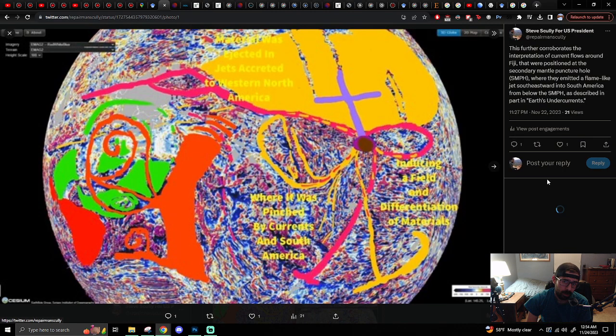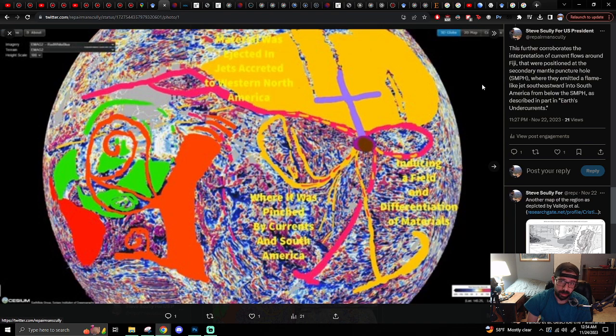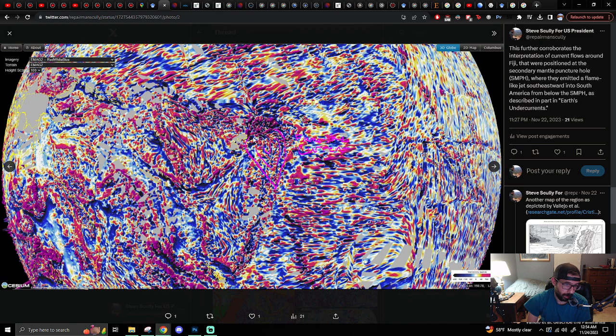And then I say this further corroborates, this is from my Earth's Undercurrents video, where I just took the picture. This flame corroborates the interpretation of current flows around Fiji that were positioned at the secondary mantle puncture hole, SMPH, where they emitted a flame-like jet southeastward into South America from below the secondary mantle puncture hole, as described in part in Earth's Undercurrents. So this here, which I then just redrew, and unfortunately in a bad color, it's not too visible, but you can see it probably.